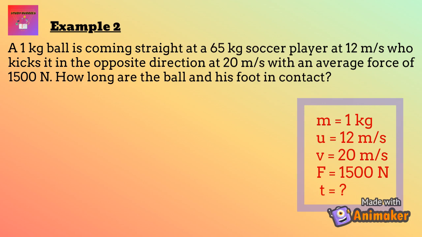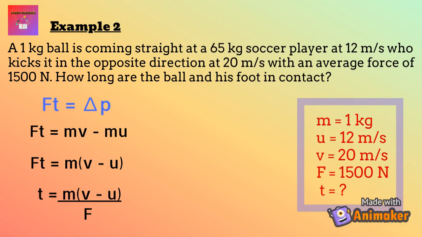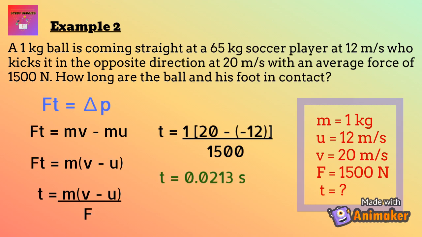Based on the given information, the suitable formula is the impulse formula, which is Ft equals to change in momentum. Since we want to find the time, bring the F to the right side of your equation. Now, substitute the given values and solve it. When you solve the equation, you will get t equals to 0.0213 second.